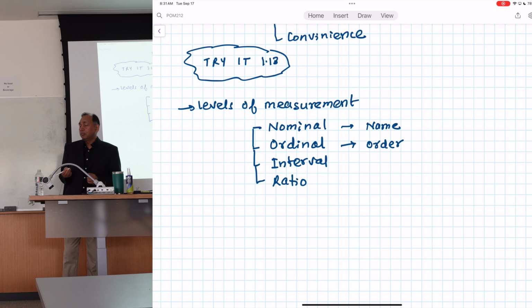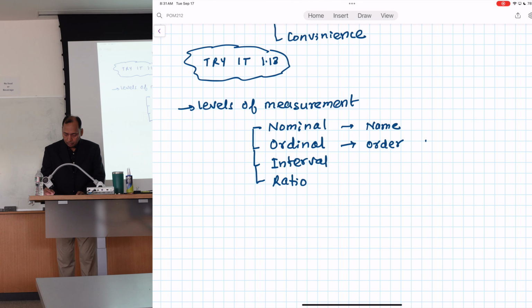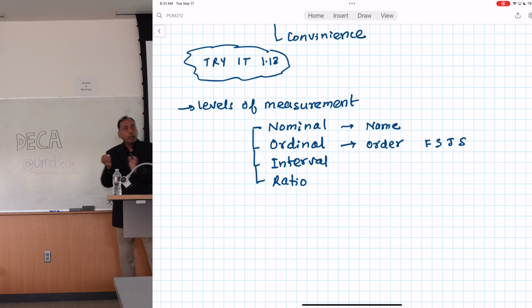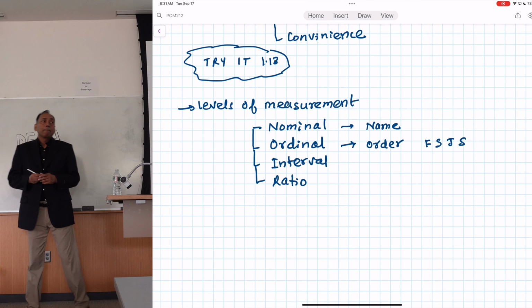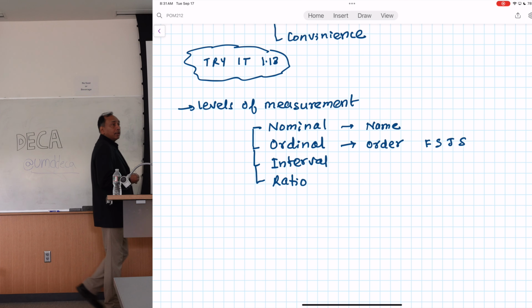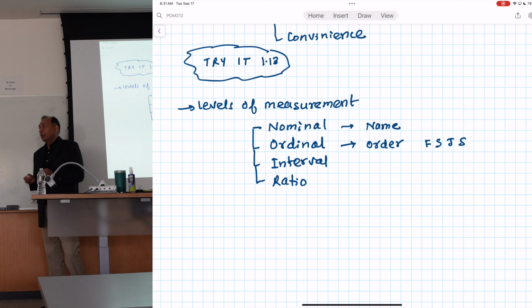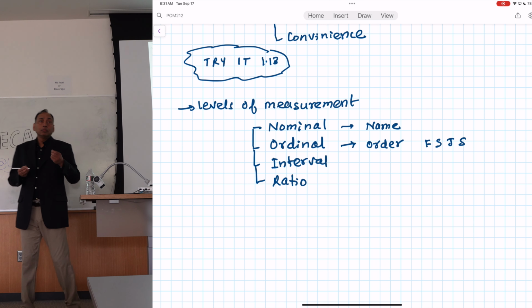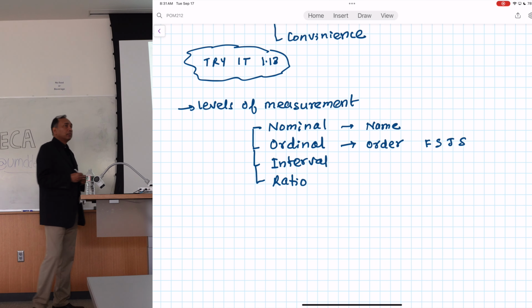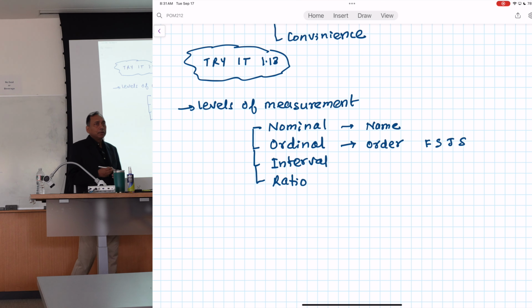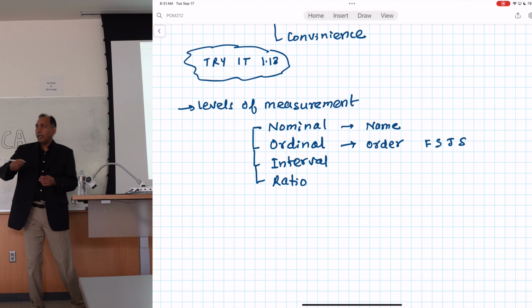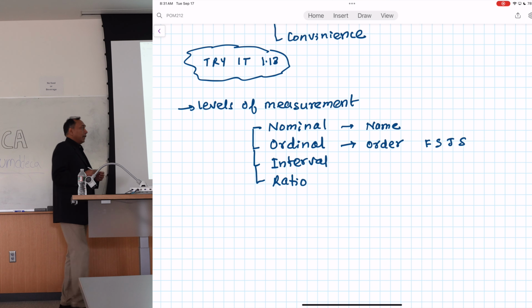Like students may be freshman, sophomore, junior, or senior. So there is an order to that. Similarly, coffee cups. If you buy coffee, you may have a small, medium, large. So there is an order to that. So that data is ordinal data. Whenever you can put data in an order, it is this form of data.